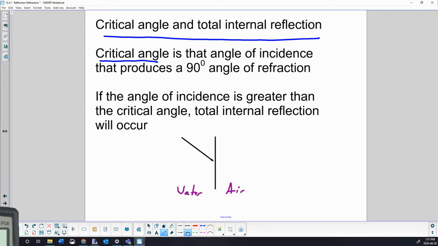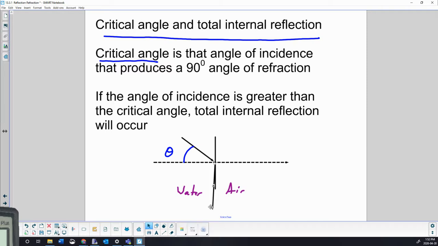Let me give myself a normal line, something like that. So if this represents my normal line, I shine light in at such a way that the incident angle right here produces a refracted angle that goes exactly 90 degrees to the surface. So I end up with this refracted angle that's exactly 90 degrees.